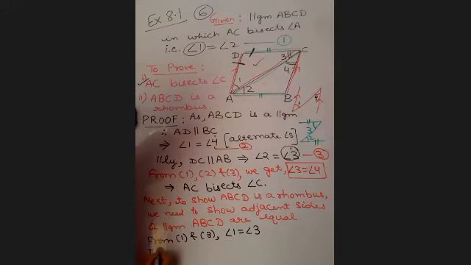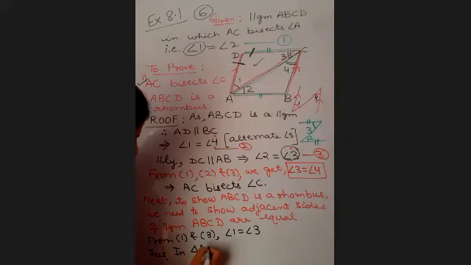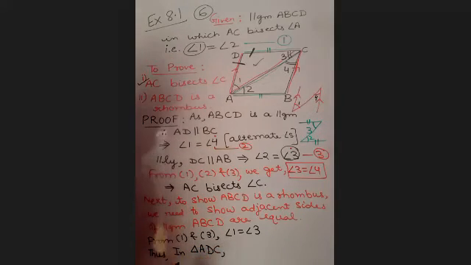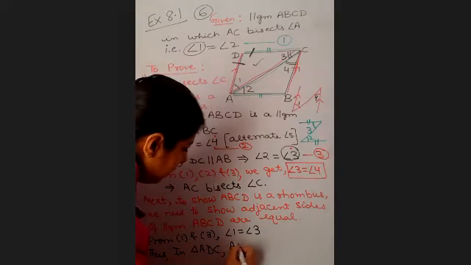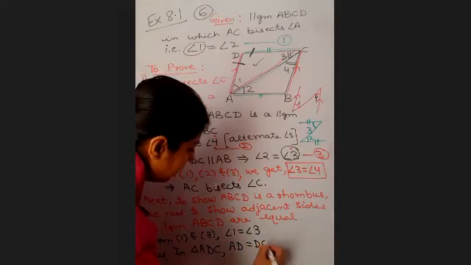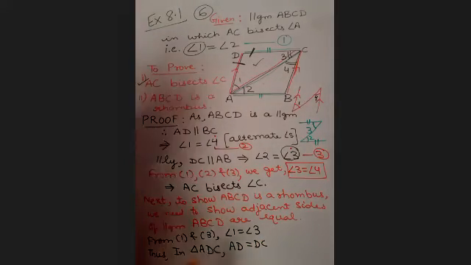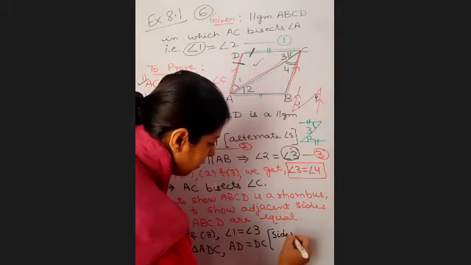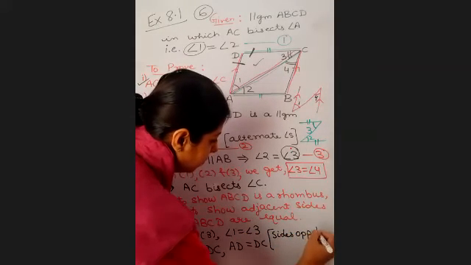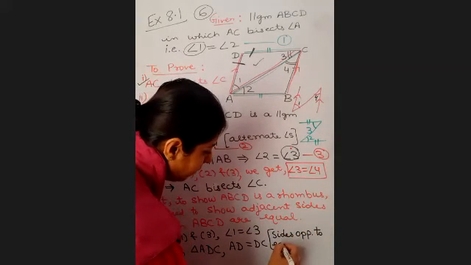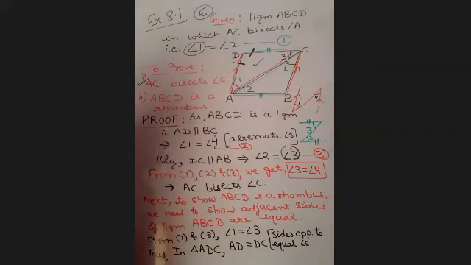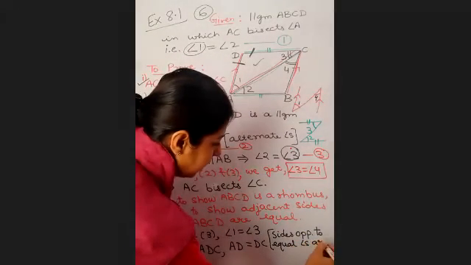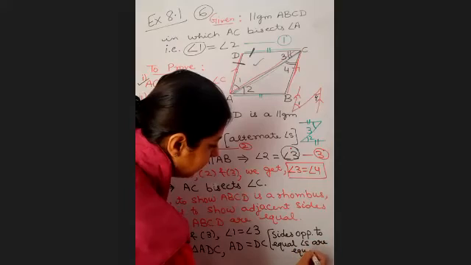Thus, in triangle ADC, AD is equal to DC. Reason? Sides opposite to equal angles are equal.